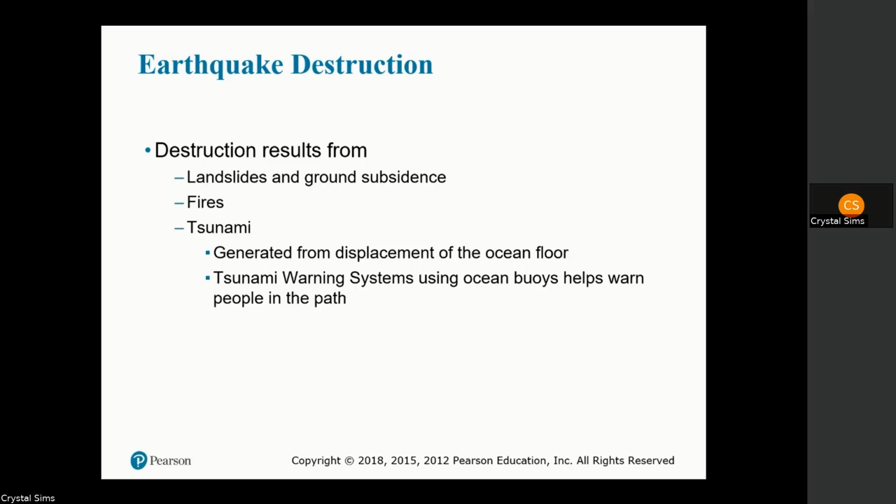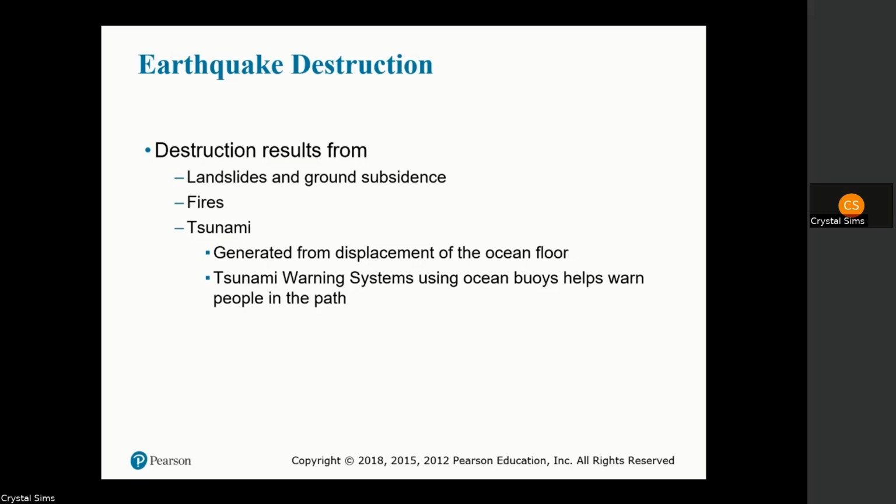Tsunamis occur when the ocean floor becomes displaced and all of that water has to go somewhere. Tsunami is actually a Japanese word that means harbor wave. Most of the time when we get tsunamis, these are caused by earthquakes that occur on the ocean floor, but not always.